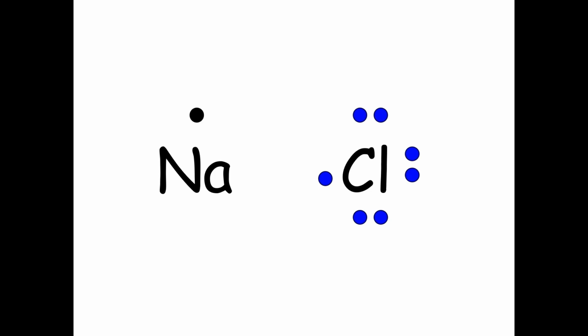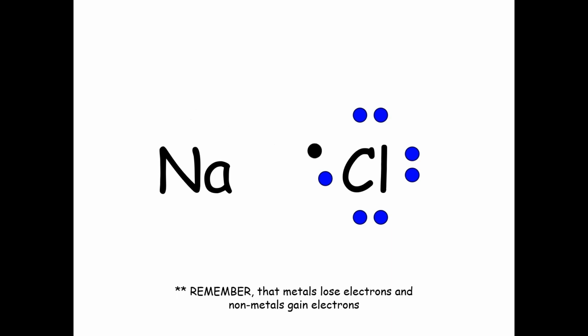And so chlorine, of course, needs that 1 electron, and sodium needs to lose that 1 electron, and so that is exactly what will happen. When that electron is transferred, sodium now develops a 1 positive charge, and chlorine develops a 1 negative charge. And of course, opposites attract, creating this compound.